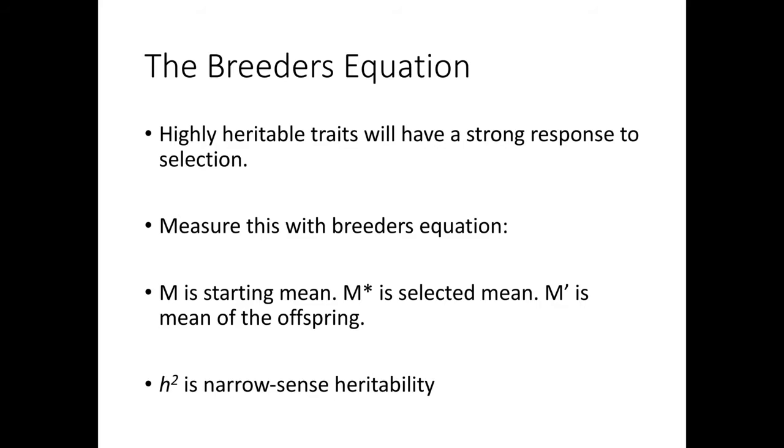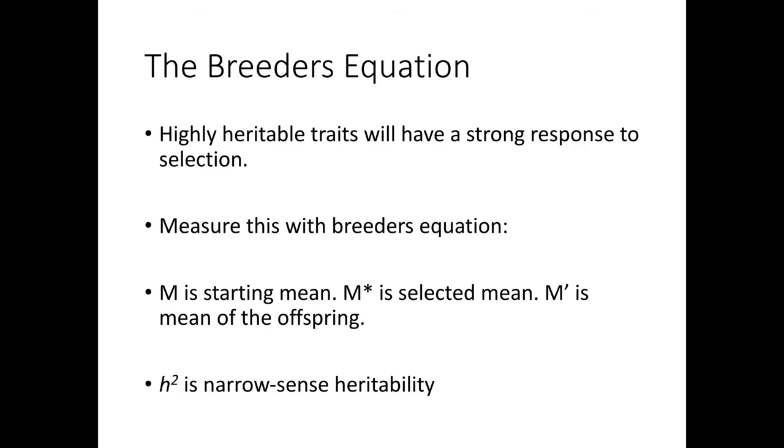The book does it a little differently, but I like this approach, so we're going to use this. Big M will be the starting mean, whatever it is: fat content, height, anything. M star is the selected mean. So a selection experiment is done, and a subset of the population is selected, and the mean of that new population has a new value, M star.